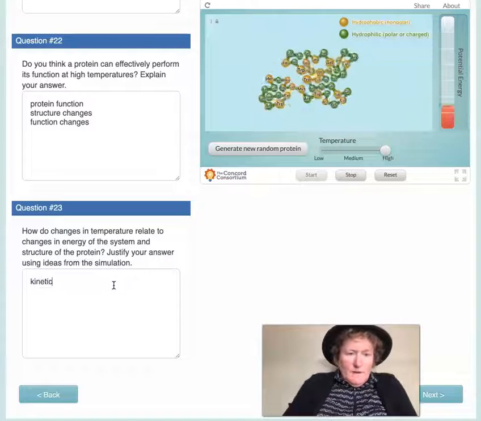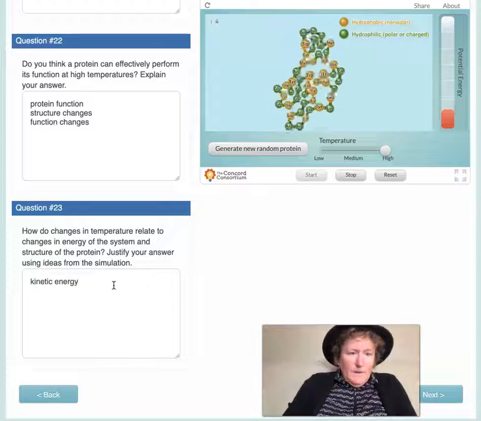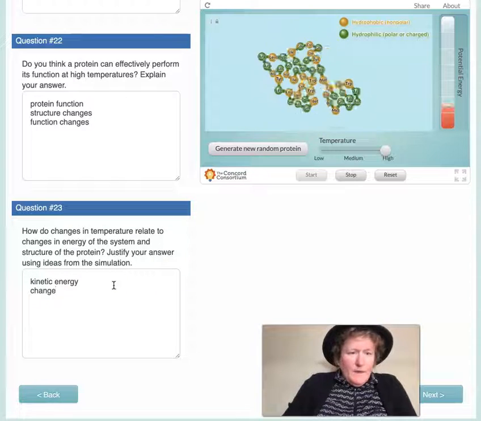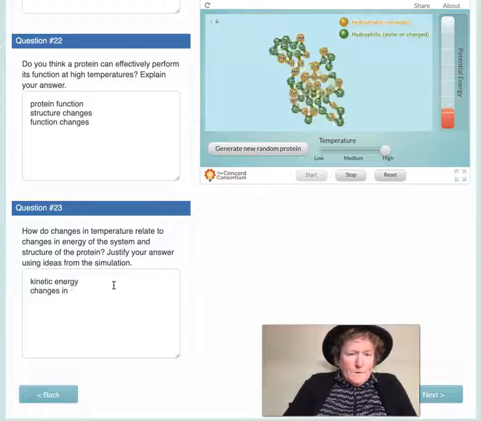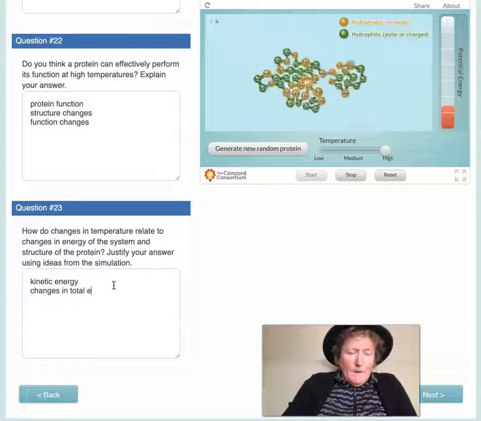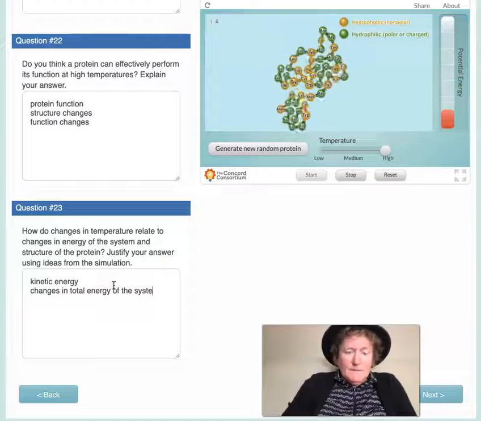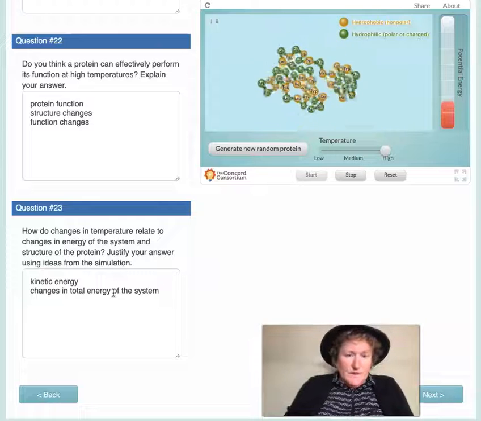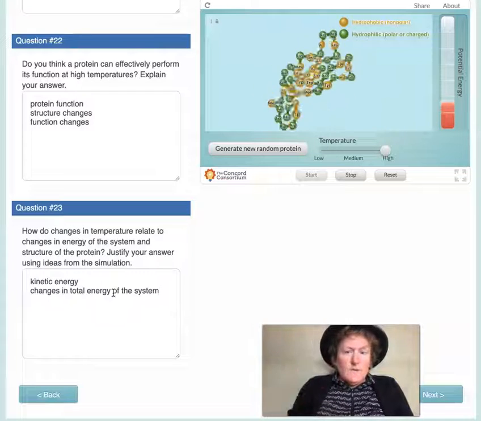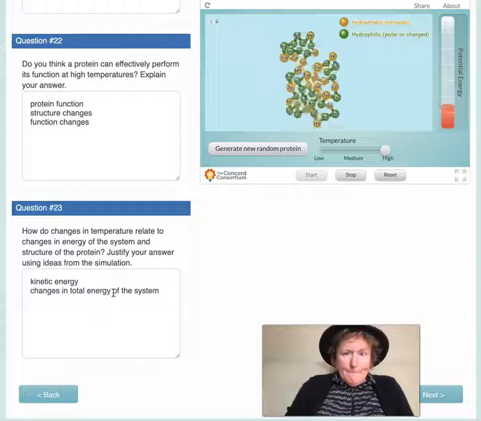So we can say kinetic energy changes the total energy of the system. As kinetic energy is transferred to the protein system, the total energy of the system goes up.